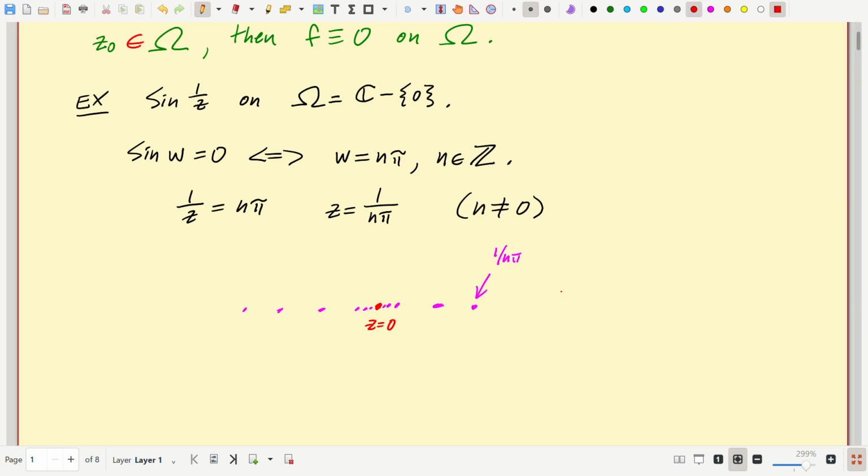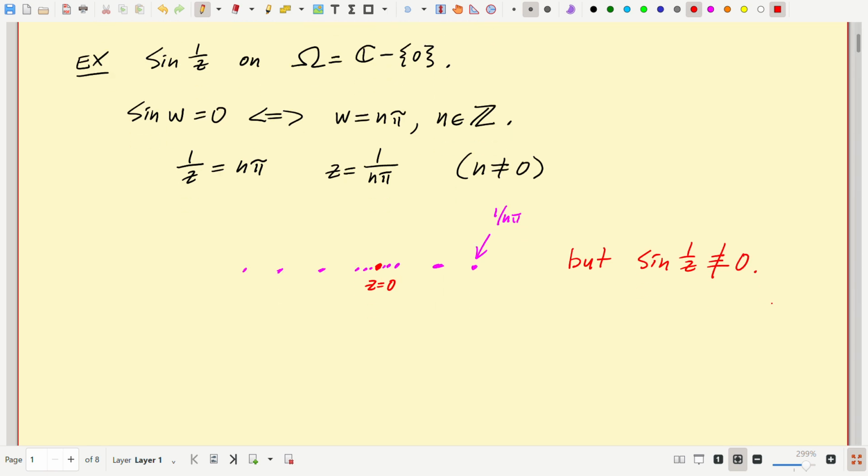It's okay. Well, sine of 1 over z is obviously not identically 0. And that's okay because 0 is a boundary point of C minus the origin.